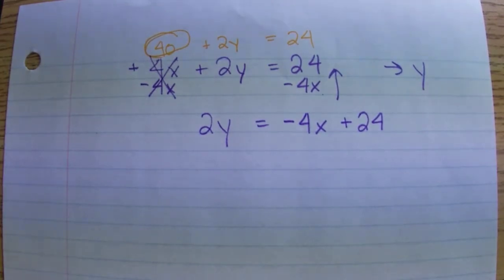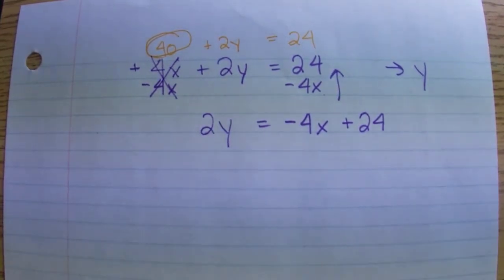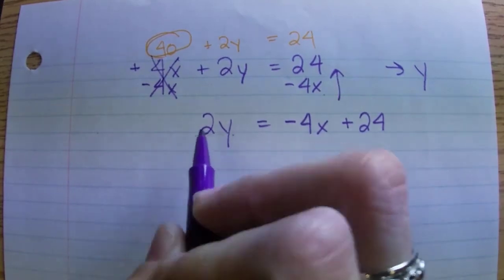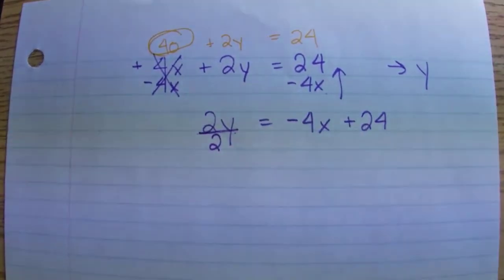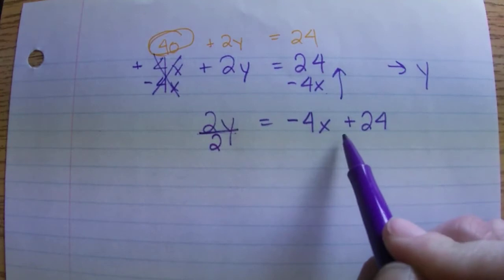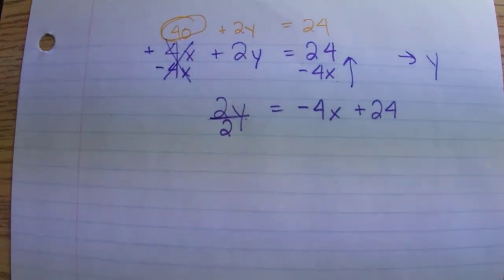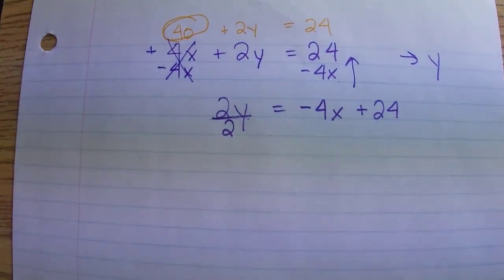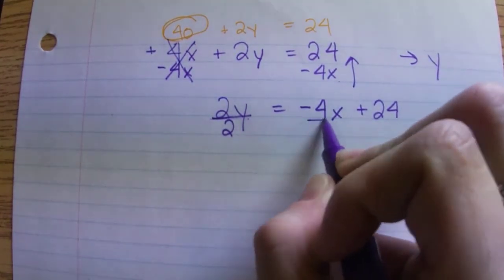Our next step, again, to get y by itself is going to be to divide by the 2. And just like we said before, we want to divide this entire thing by 2. But since we actually have numbers and not just letters, there is some math we can do here to reduce it.